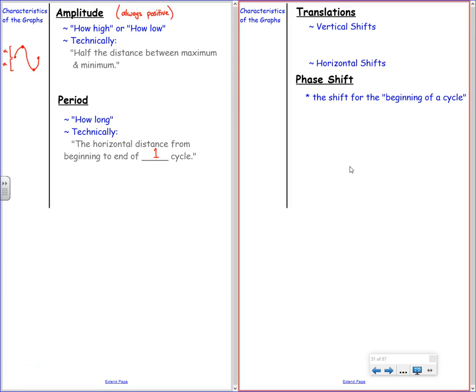Translations, we can have vertical shifts, and that's going to be seen with our sinusoidal axis. Horizontal shifts are going to be seen with our initial point.